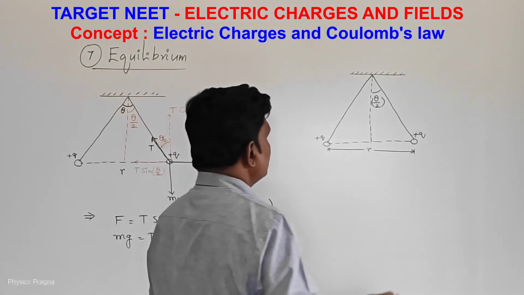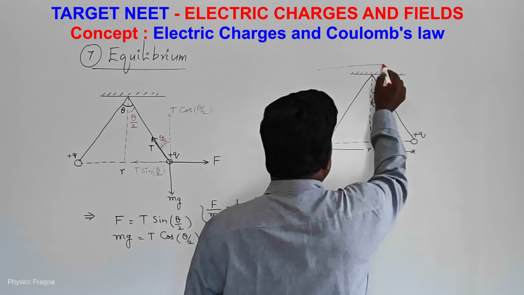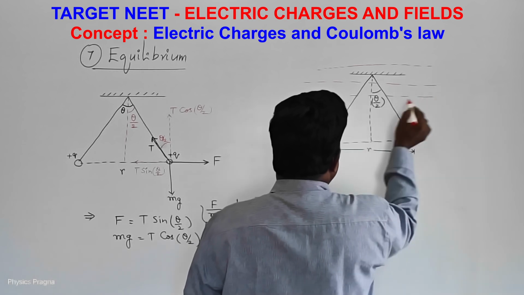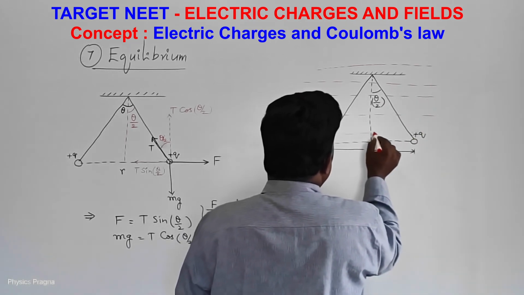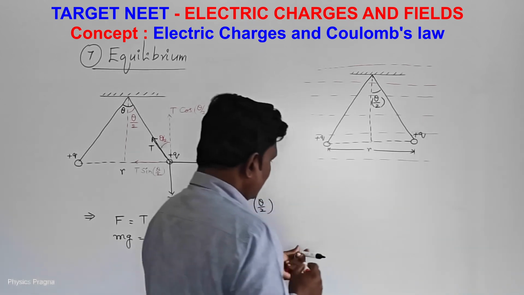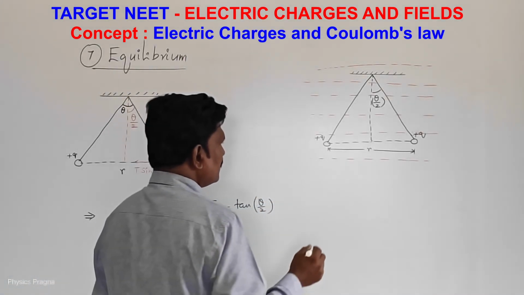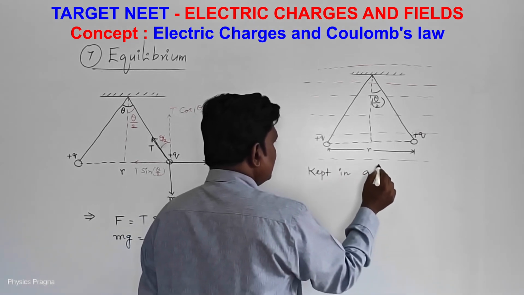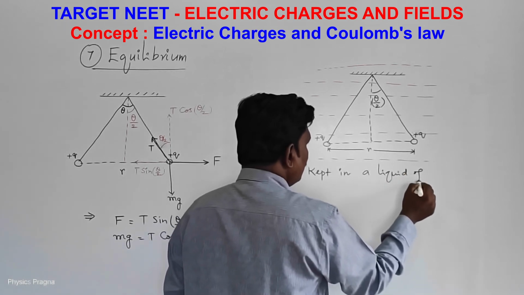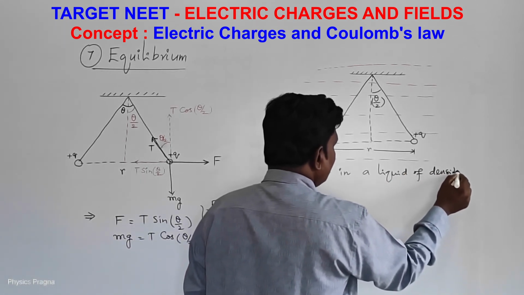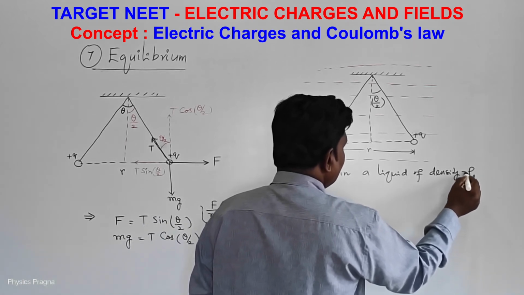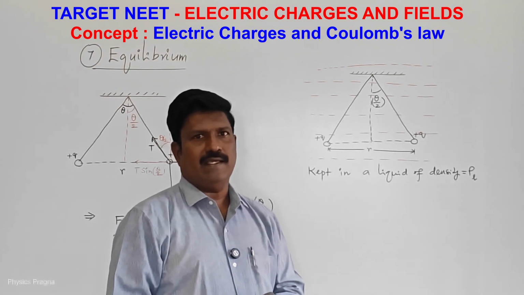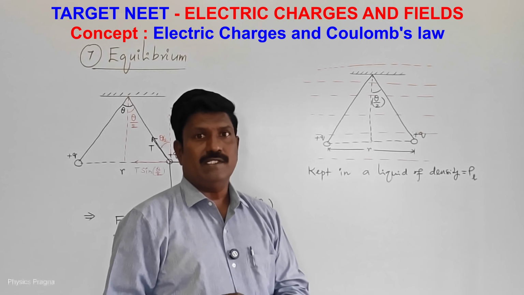Then what happens? So we are putting this, kept in a liquid of density rho L. Whenever the system is kept in a liquid, the weight of the bob changes.